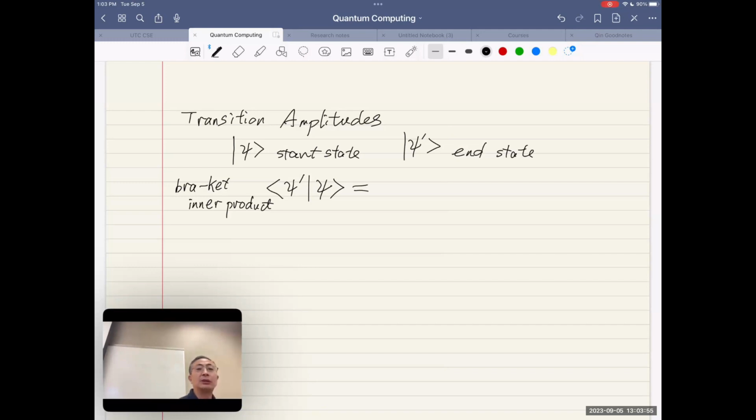And then we basically calculate the inner product of the two states. The first one has to be conjugate transposed. And the next one is the same, C0, C1, C2.